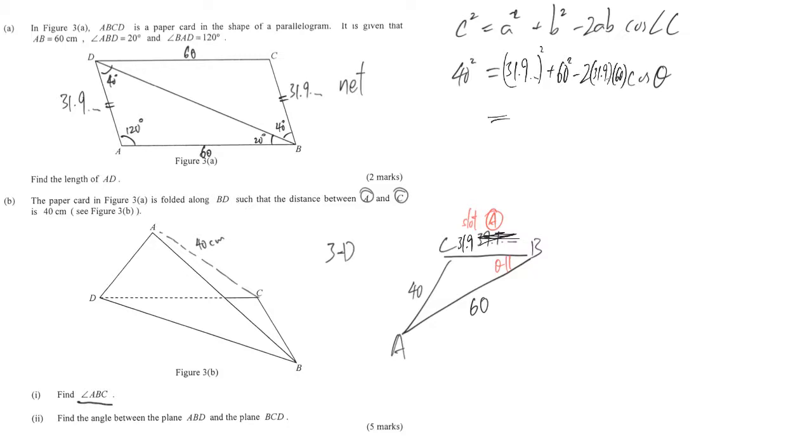So after that, we group everything cosine to the left hand side, solving the equation only. And then this is 31.9 squared plus 60 squared minus 40 squared.